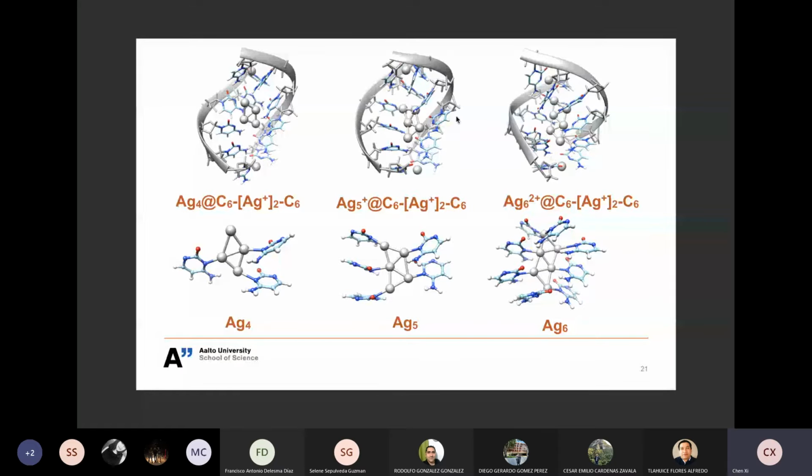If we zoom in, we can see many of the silver atoms are bound to nitrogen, and there is no silver-oxygen bond, which means in the DNA silver clusters, the nitrogen plays a central role in stabilizing the clusters.